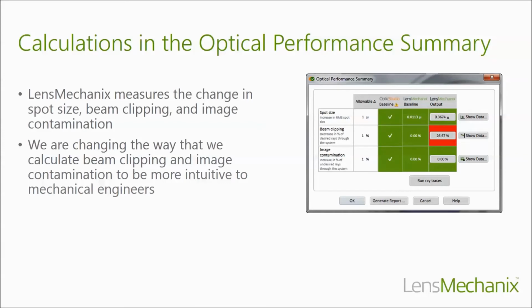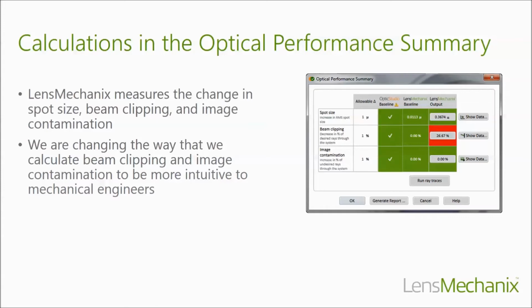Now the last thing that I will talk about are the calculations in the Optical Performance Summary. So we have measured the change in spot size, the percentage of beam clipping, and the amount of image contamination. Now these definitions for these measurements are in our OPS table, but we are changing the way that we calculate beam clipping and image contamination.